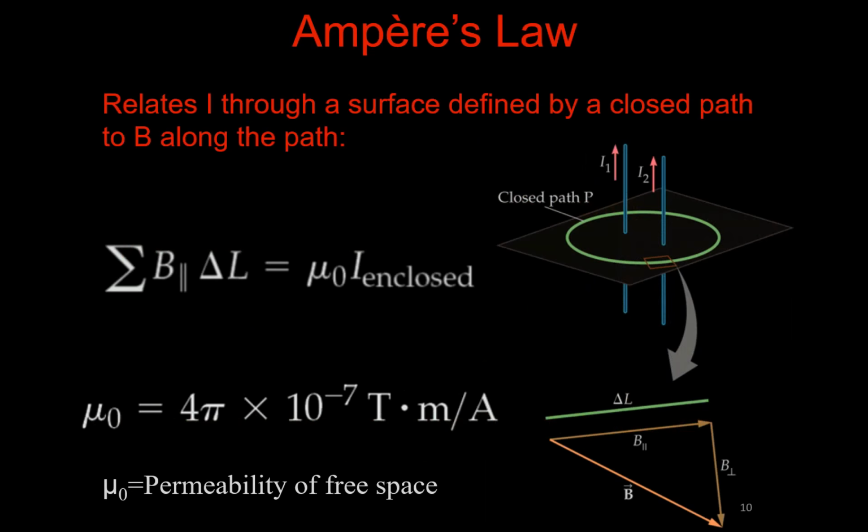And his experiments came to define the permeability of free space, one of our constants that we've discussed previously. And the permeability of free space, which relates to magnetic fields, is mu0. And this is 4 pi times 10 to the negative 7 Tesla meter per amp. And this is a fundamental constant when we discuss magnetic fields.